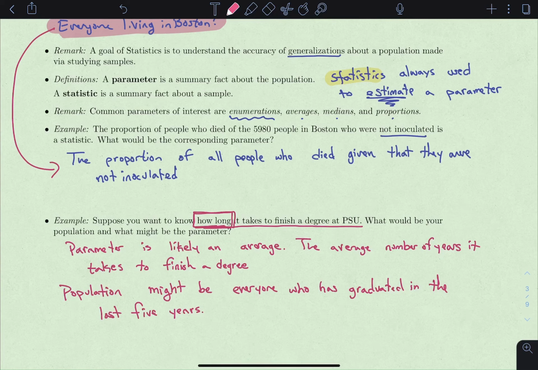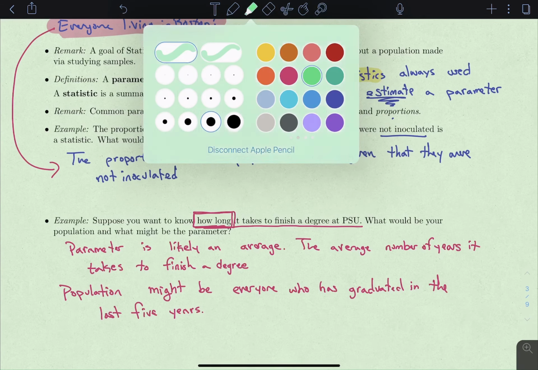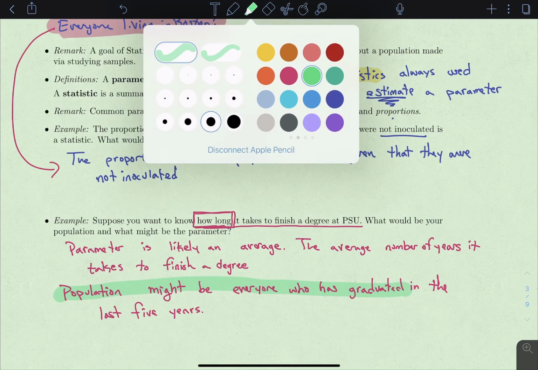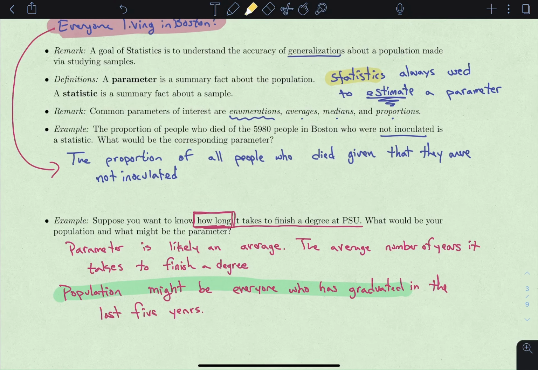You don't want to just say the population is everyone who has graduated and just leave it at that, because Portland State's been a university for decades, and the amount of time that it takes to finish a degree now is probably different than the amount of time it took to finish a degree 30 or 40 years ago. So this choosing of the 5 years, maybe you ask, well, how do you choose in the last 5 years? And maybe you don't. Maybe it's in the last 10 years. But at some level, 15, 20, 30 years, the information seems to get a little bit outdated. So you have to make a decision there.